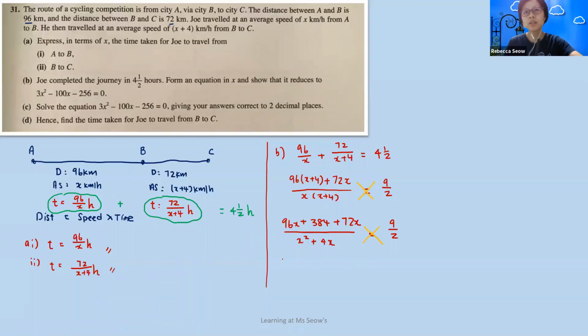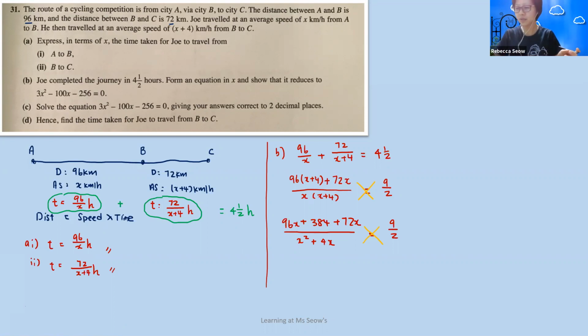So I'll just put the arrows here so that you know how I'm going to obtain the answers to the next step. Okay, so from here, if I cross multiply, I will take 96 multiplied by 2, right? Sorry, let me get my calculator. I don't have my calculator here, I'm so sorry.